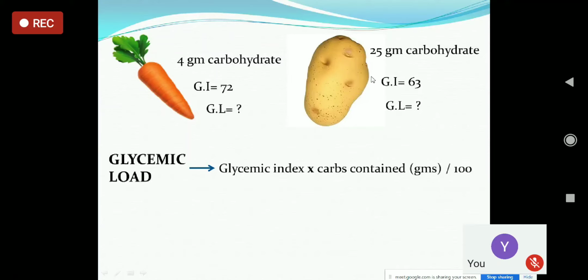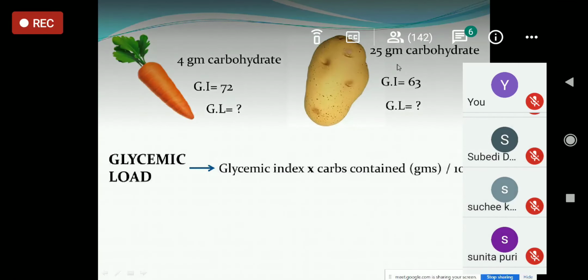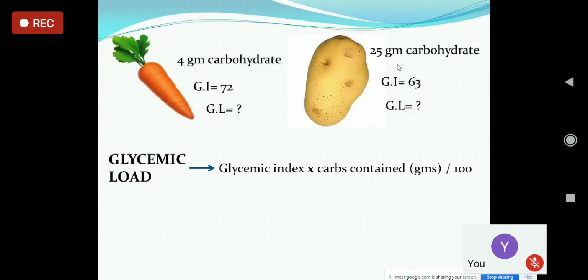So even though the glycemic index is only 63, this contains a significant amount of carbohydrates, so obviously the effect on the blood glucose will be more. Even if these carbohydrates enter the bloodstream slowly, they still have significant effect on the blood glucose level because it is high in amount.